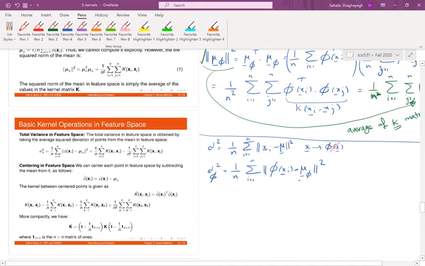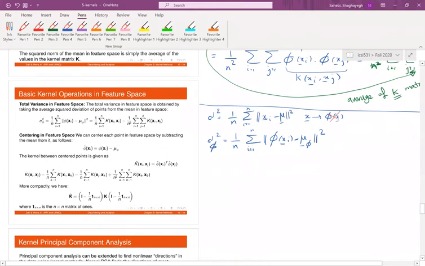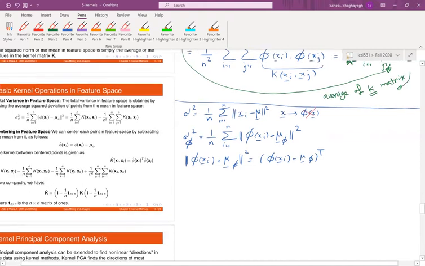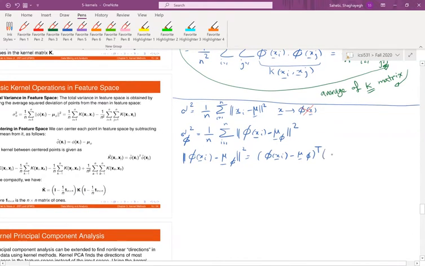Okay, let's open this up and see what is this thing that is inside the sigma. If I look inside the sigma, phi of xi minus mu of phi, squared. What is this? This is equal to phi of xi minus mu phi, transpose, dot phi of xi minus mu phi. Okay.